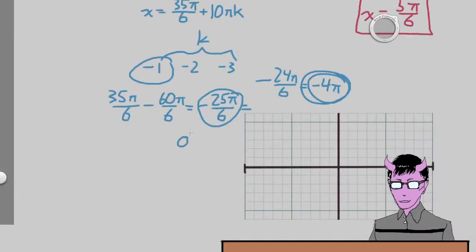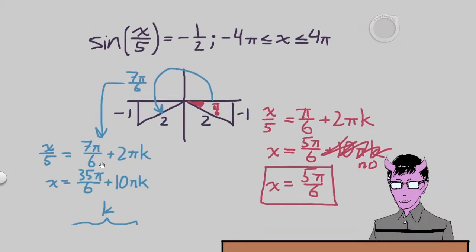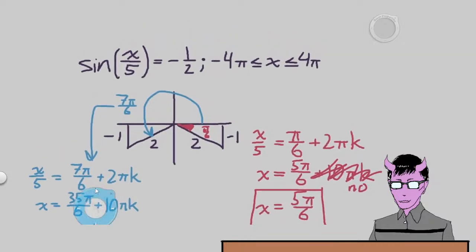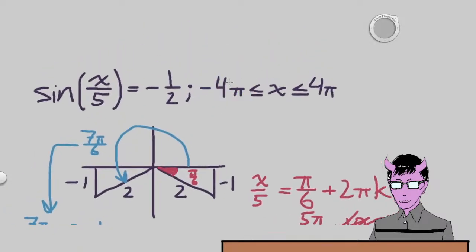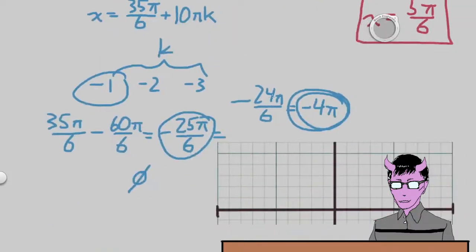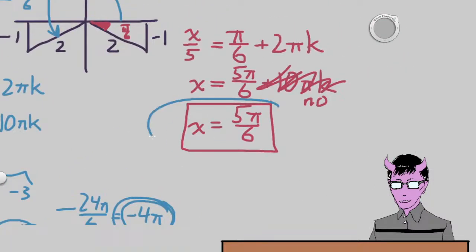So empty set for blue scenario. Since the restrictions are specifically phrased on the x, not the argument as a whole, whatever x's we solve for have to be between this one and this one. And since none of the blue answers are between negative 4 pi and positive 4 pi, we have no solutions for the blue scenario. So that was kind of awkward. We only have the red solution right here.